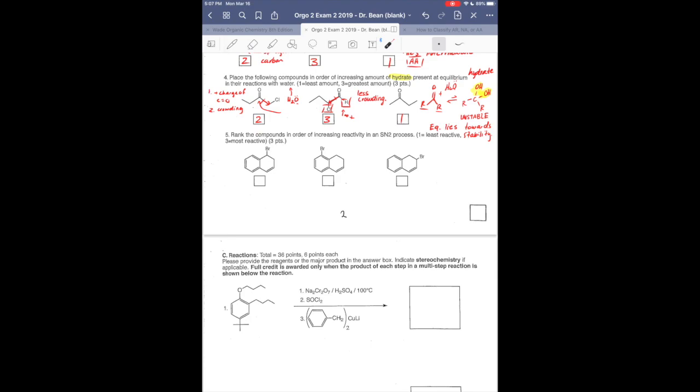So number 5, we want to rank the compounds in order of increasing reactivity in an SN2 process. So look how much Orgo-1 has been introduced here, right? Has been asked about here. So we have SN2, and what does that stand for? The 3 letters.